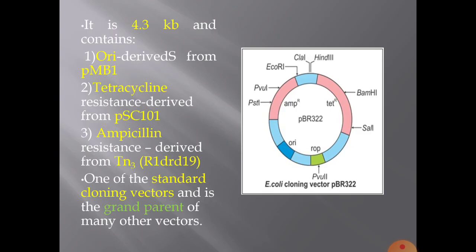On the other hand, in the ampicillin resistance gene there is a site for ScaI, PstI, and then next to that you have the SspI region, HindIII region, in between you have the EcoRI target site region, and then below the tetracycline resistance gene you have the PvuI site, and then adjacent to that you have the ORI of replication. So this is how pBR322 looks like.